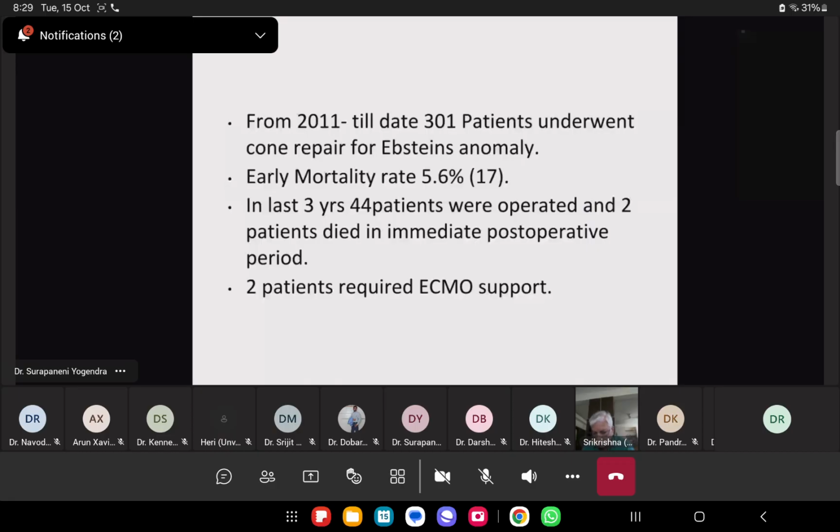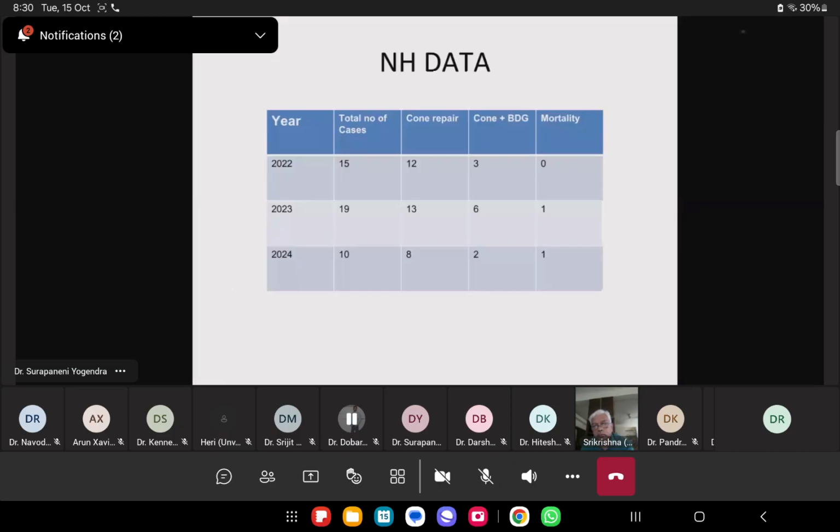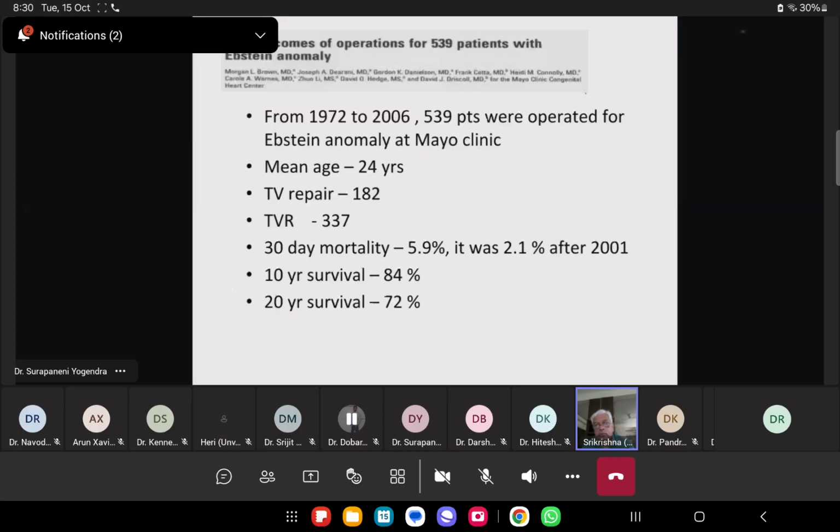So the score depends on the enlarged right atrium plus the enlarged atrialized portion of the right ventricle, relative to the dimensions of the true right ventricle, the left atrium, and the left ventricle. These three together on one side, and the right atrium and atrialized right ventricle on the other side.